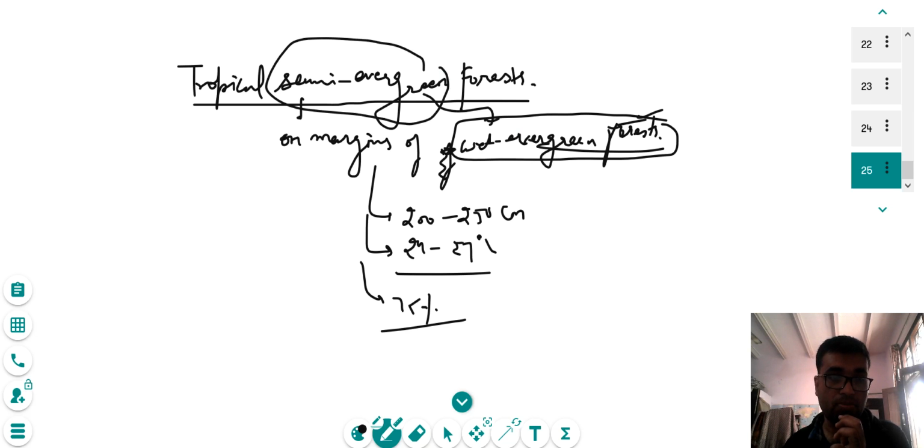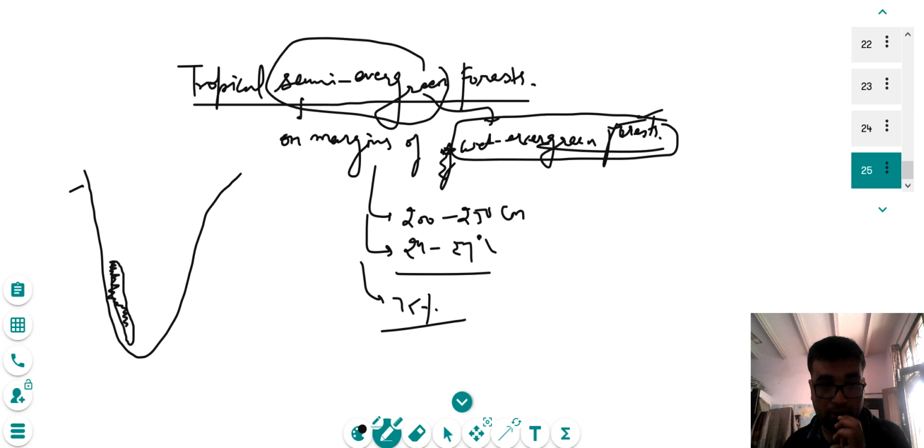For example, this is the Indian Peninsula, something like this. This region of the Western Ghats, this is where the wet evergreen forests are found. This is the wet evergreen belt, and in the marginal region of this wet evergreen, in this belt, is found the semi-evergreen forest.